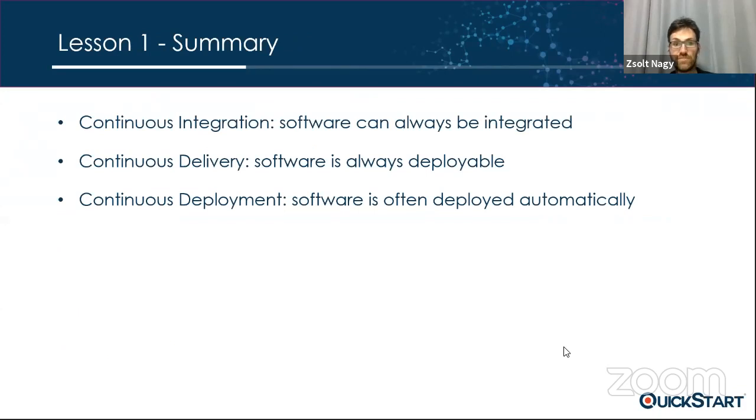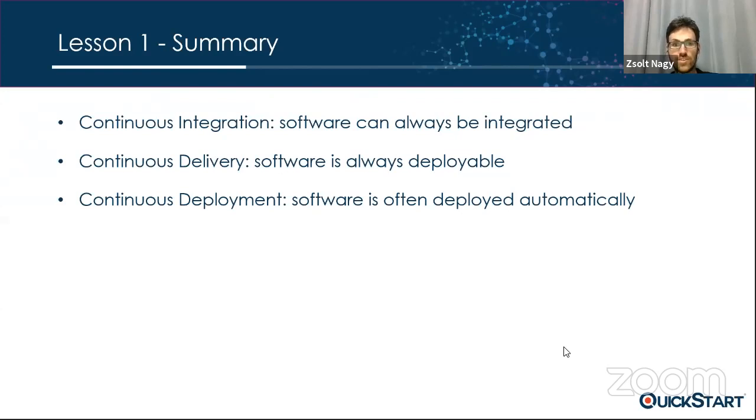So we have seen the main 4 concepts: continuous integration, which means that software can always be integrated; continuous delivery, which means software is always deployable. With these 2 concepts, you can answer the CI/CD interview question. And for plus points, you can mention continuous deployment, that deployment is automatic.